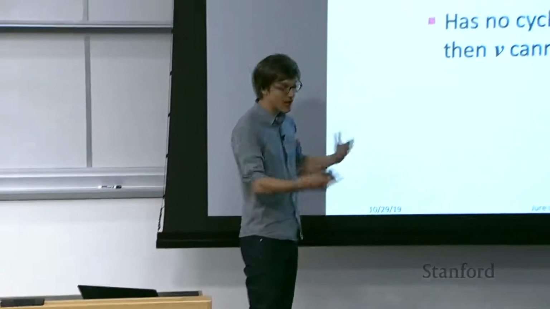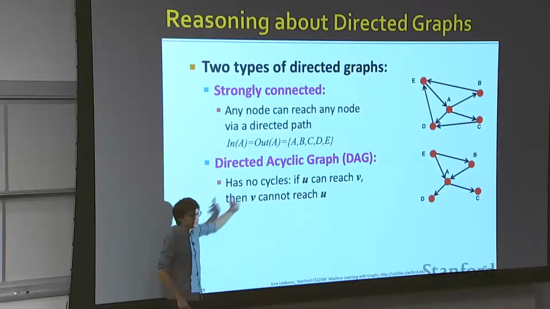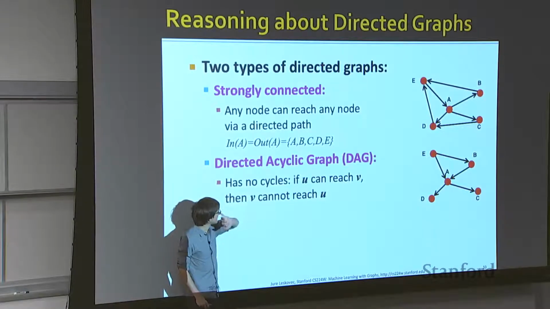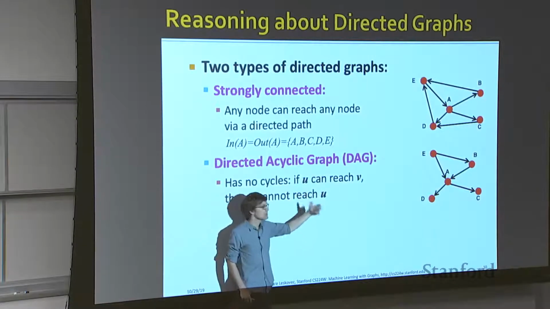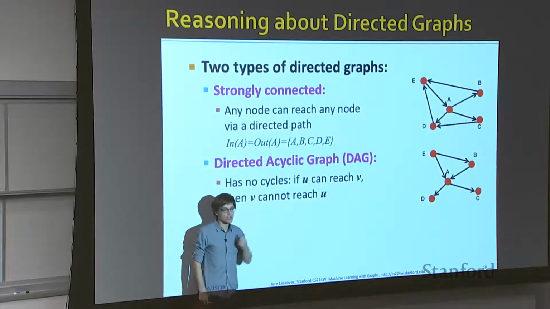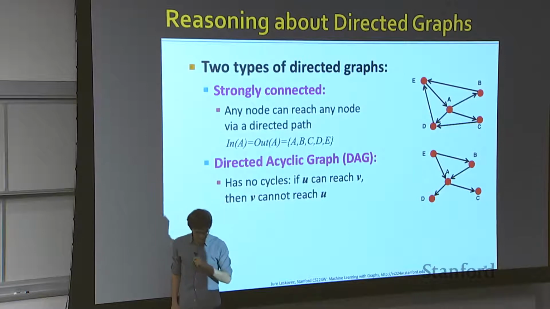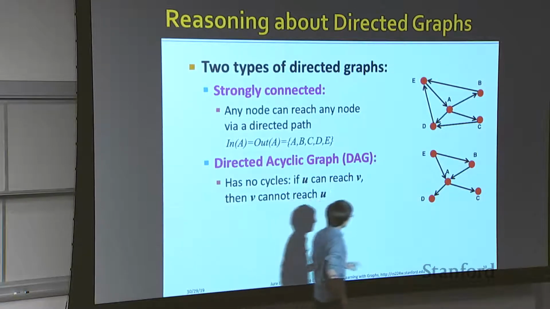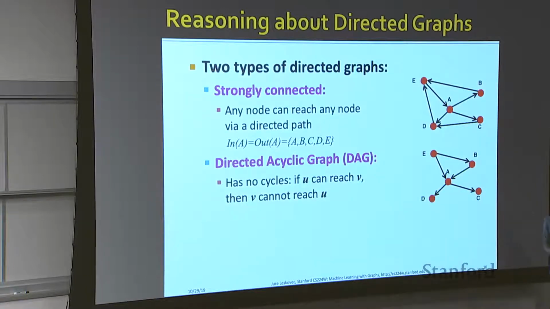And then there is another type of directed graph that's called a directed acyclic graph. Basically, this is a directed graph that has no cycles. So what does it mean, no cycles? If you can reach V, then V cannot reach you. Right? So there's always a path, but only a path one way. So this is an example of a directed acyclic graph.